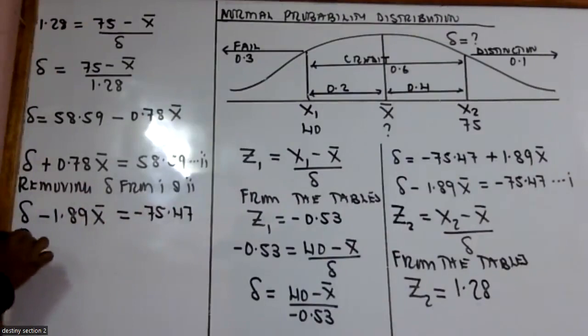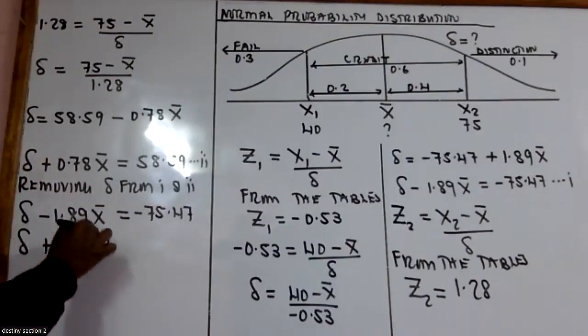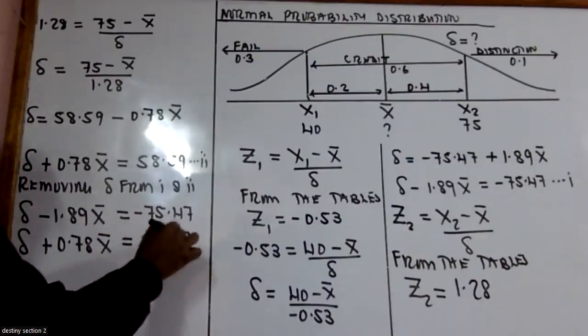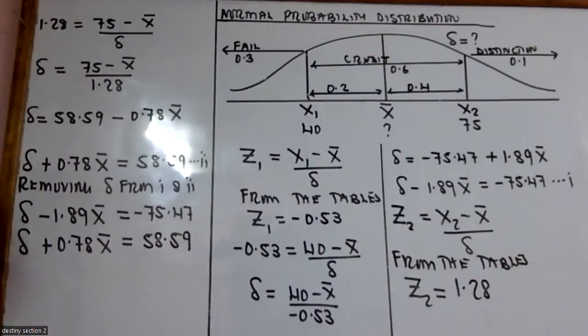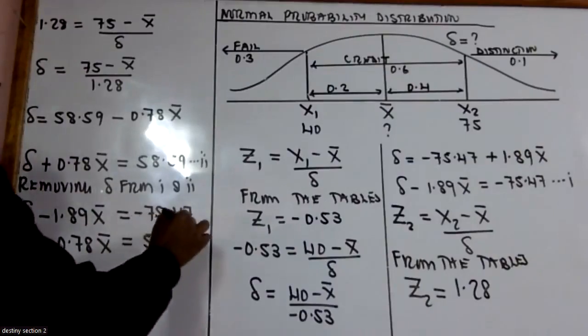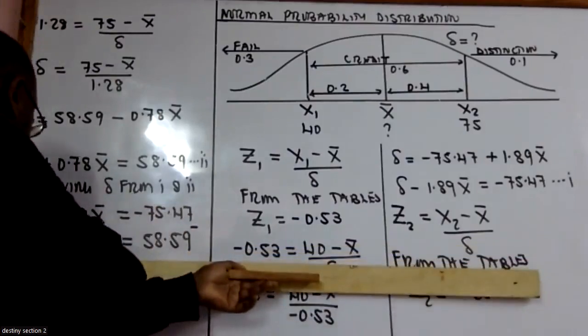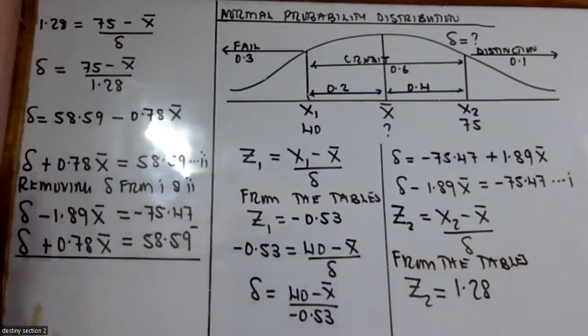Alafu hii ya pili standard deviation plus 0.78 x bar equals 58.59. Now for me to remove, we have to say subtract. So if we say subtract, now tell me, minus 1.89 minus 0.78 is what?